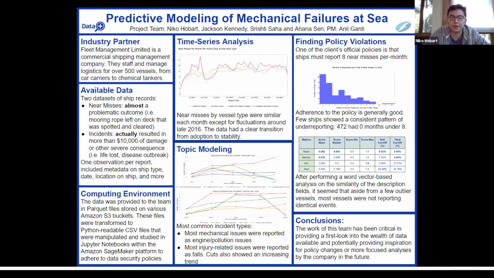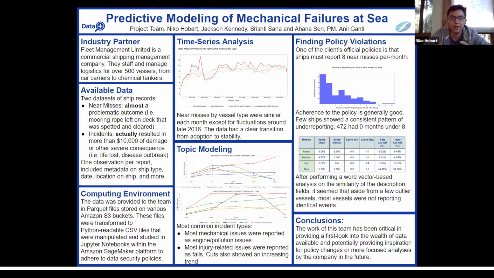After we found that out, we became curious as to whether the entries for these near misses were actually distinctive and unique, or whether they were potentially reusing old entries. We found that generally they weren't using old entries, but at least every ship had one entry with a description exactly like an older entry, whether from a day ago or 2 to 3 years ago.